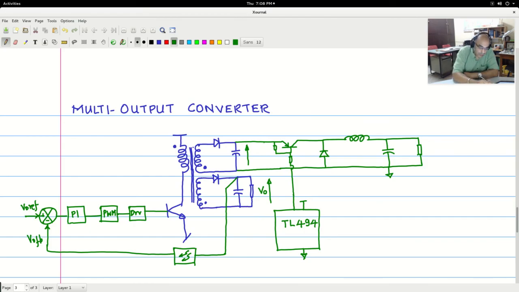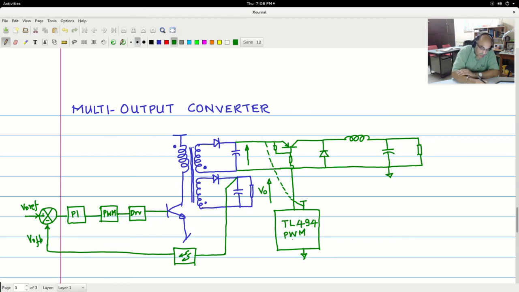Now the output of the regulator itself can be the supply. The output of the DC-DC converter itself can be the supply. Now you may ask a question, the output of the DC-DC converter is not regulated, so then can it act as a supply for TL494 type of devices? Now this is a PWM IC.